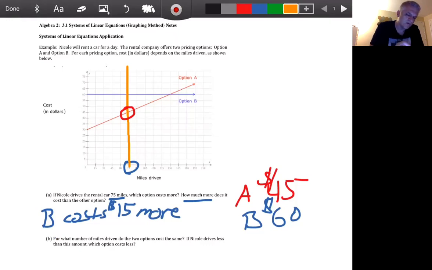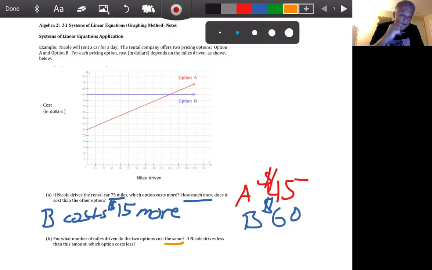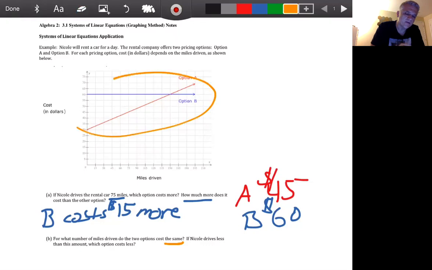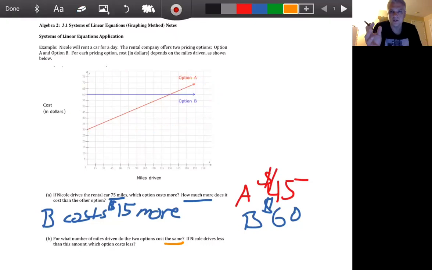Okay, B. For what number of miles driven do the two options cost the same? Okay, so we'll start with that, and then there's more to the question, but we'll start right there. All right, so let's erase work from the previous question. And now we need to look at this graph and see where the costs are the same.